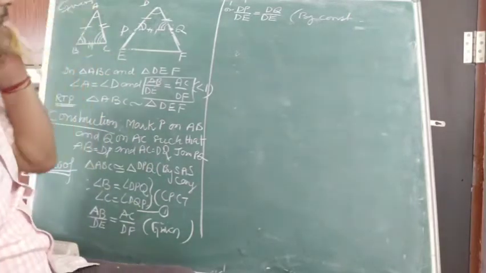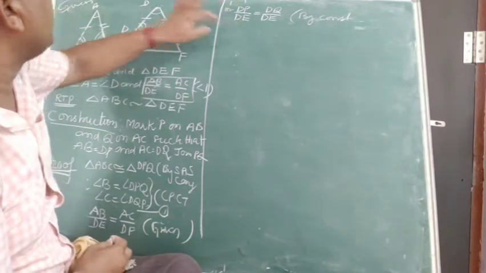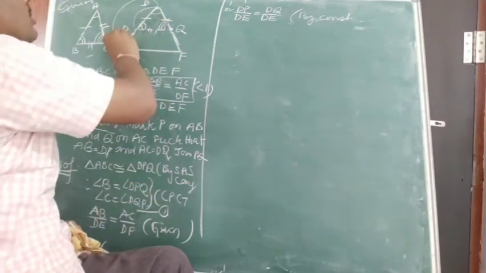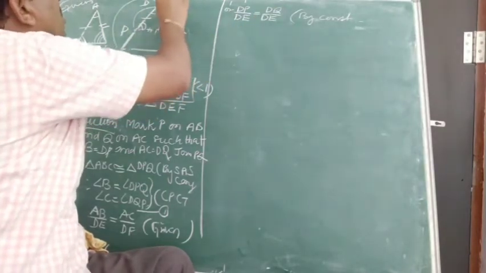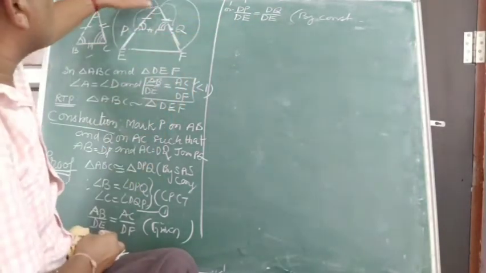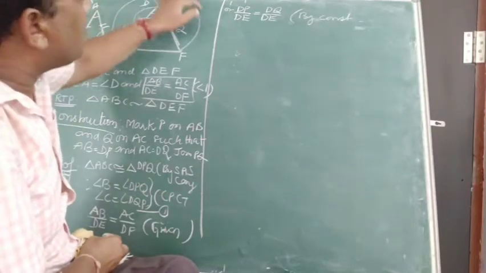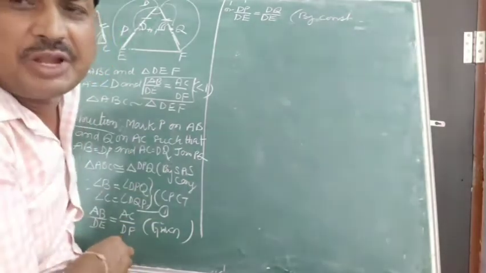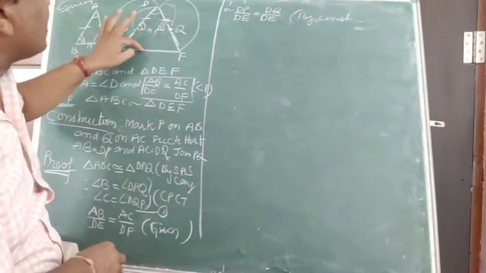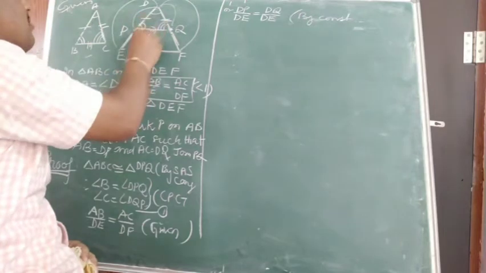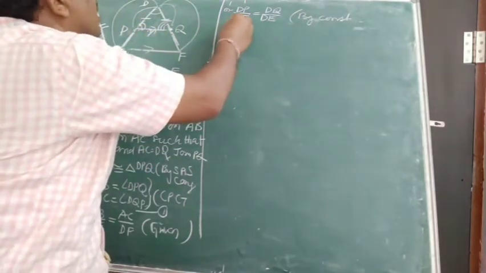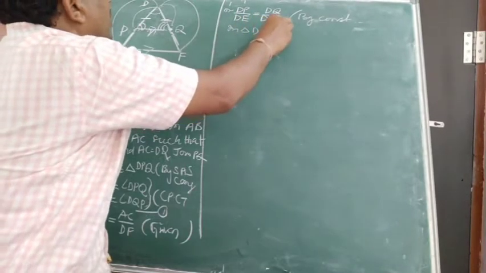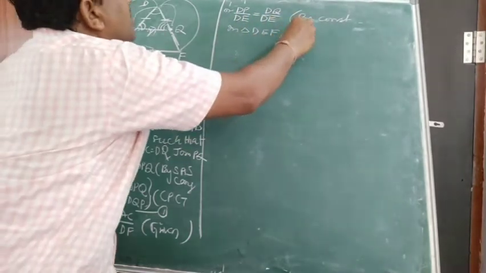Okay, children? Right. Now see here, DP by DE, this part by whole, is equal to DQ upon DF. Part by whole of a triangle is equal to part by whole of a triangle. If this is like that, as per the converse of BPT, you can say that these two lines are parallel. So, children, in triangle DEF, what is given?